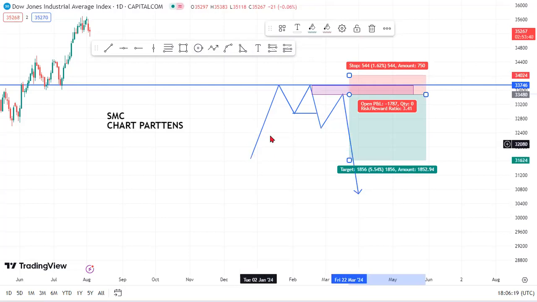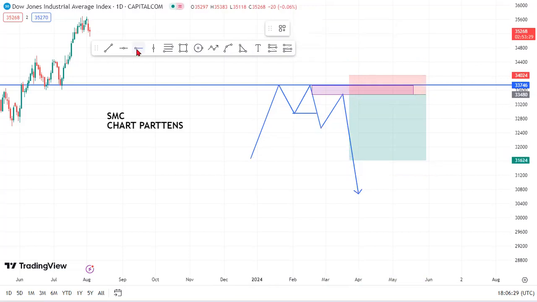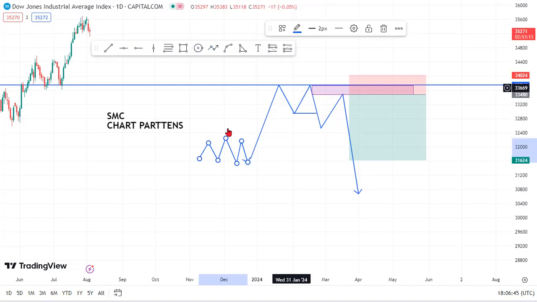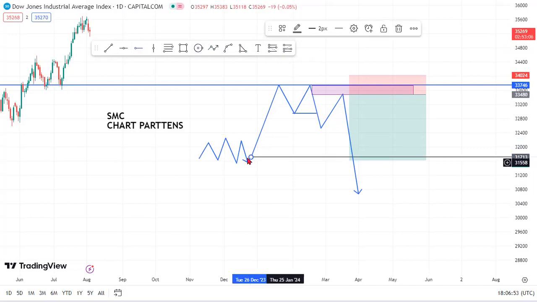This is where you look at a certain demand zone, or something low on your left. So that's your target. Say the market was moving like this, and this is going to become my target.